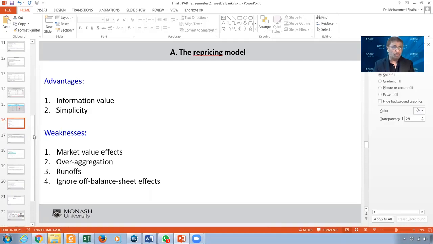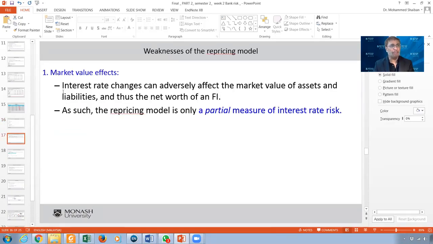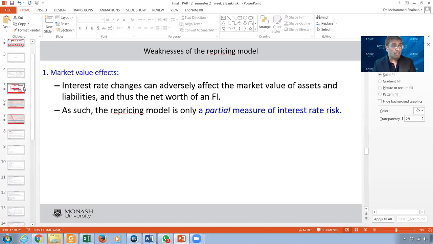Let me go over this one by one. What do we mean by market value? Interest rate changes can adversely affect the market value of assets and liabilities. And that's the net worth, which means now when we look at the repricing model, we are only concerned with the financial statement. Do we talk about the impact on capital, which I talked about here?